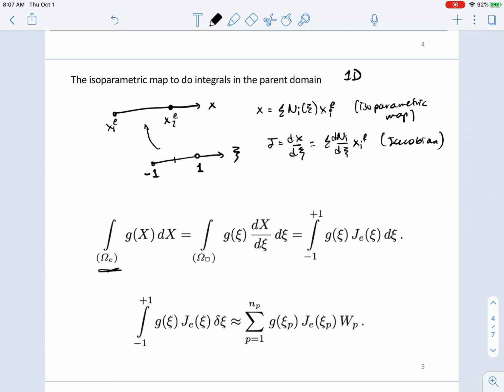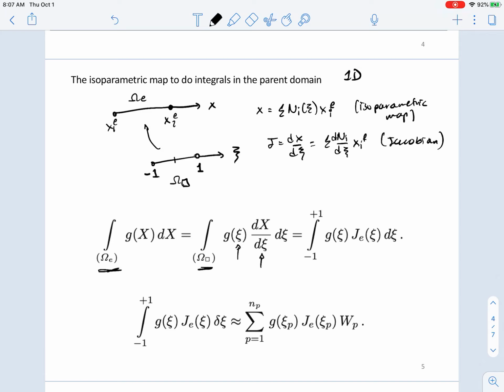So let's say we have some function g. Notice that here we want to do an integral over the domain omega e, which would be from x1e. So this is omega e, and let's call this omega parent. So the integral of some function of x, dx.